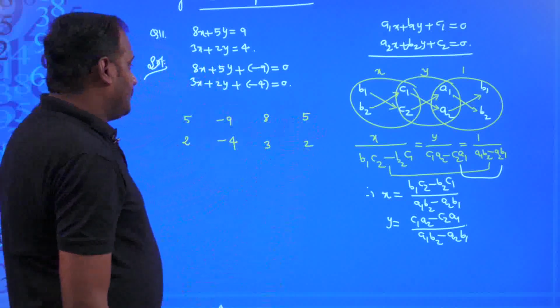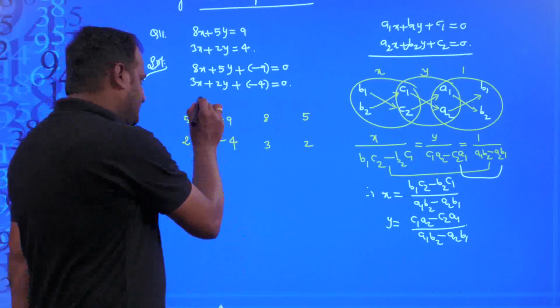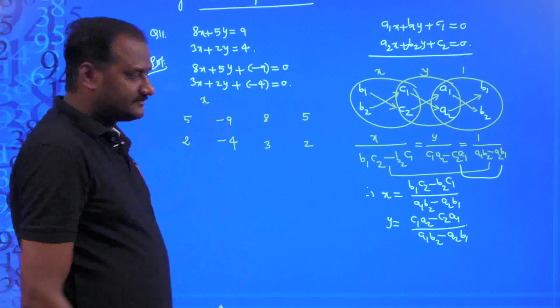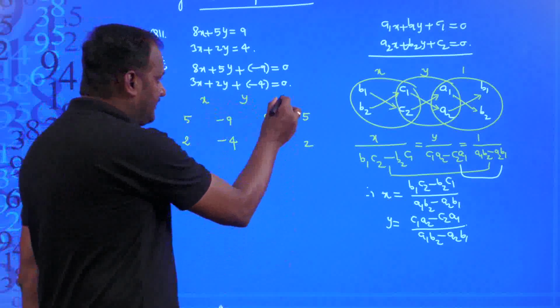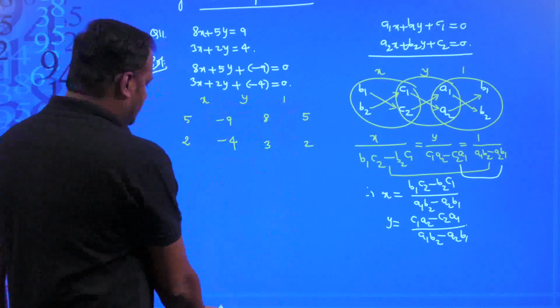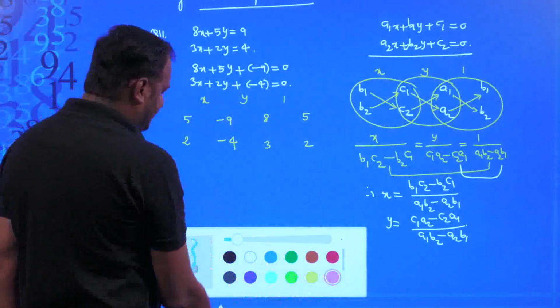What next? You will have to write x between the first and second columns, then y between the second and third columns, and then write 1 between the third and fourth columns. So what has to be done?